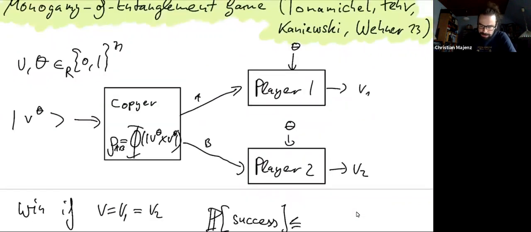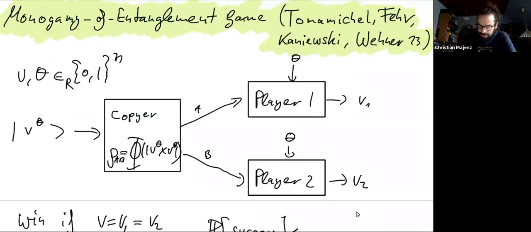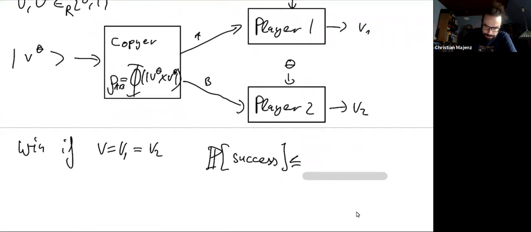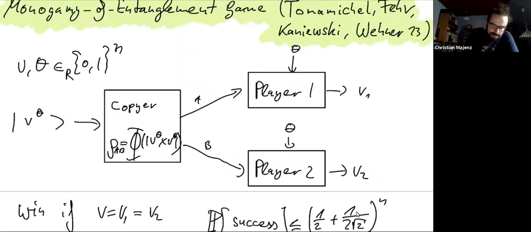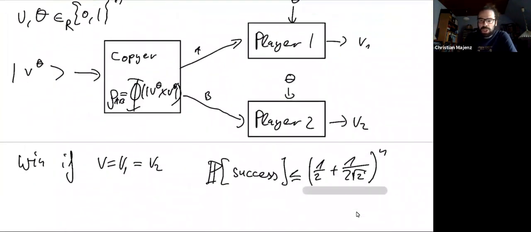And what Tomamichel, Fehr, Kaniewski, and Wehner were able to prove is that the success probability in this game is in general bounded by 1/2 plus 1/(2√2) to the power of n. So in the length n of the BB84 state, you have an exponentially small success probability.